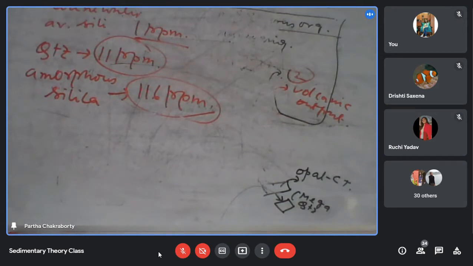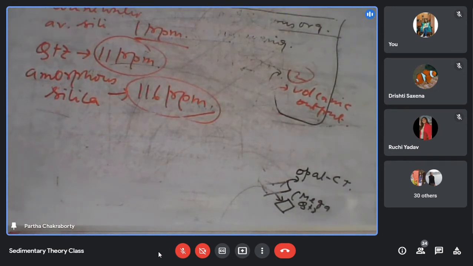In the river water, you have 15 ppm silica, and that river water is supplied to the ocean. And now in the ocean, it is becoming 1 ppm. That means somebody or something is removing silica from the ocean water, and that's why it is becoming less in silica. Now, what is that? What is removing the silica?